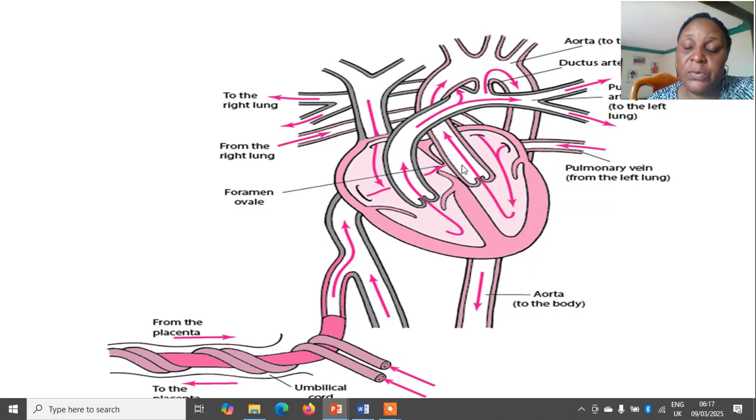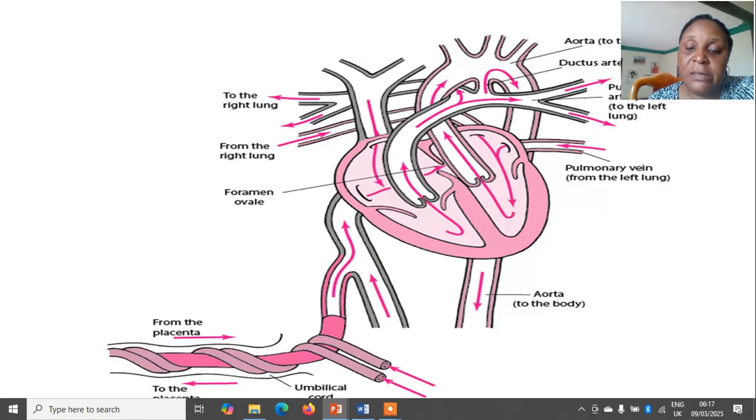Blood from the left ventricle of the heart passes through the aorta, and the reason for passing through the aorta is to supply the upper extremities, that is by the ascending branch of the aorta, and the descending part of the aorta supplies the lower extremities of the body.